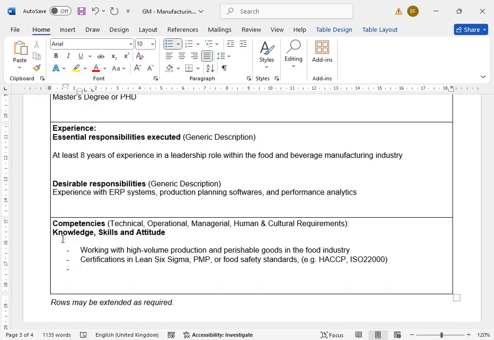Another competency, strong leadership, of course. We should not forget the leadership. If he does not have leadership, then big problem for him. Or especially communication skills. And he also must have problem solving and decision making, of course. He should have decision making skills.